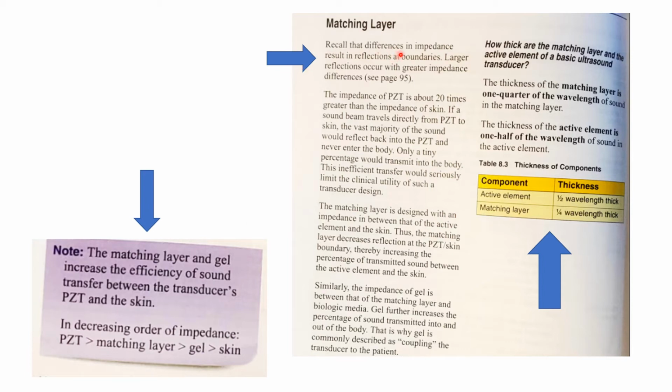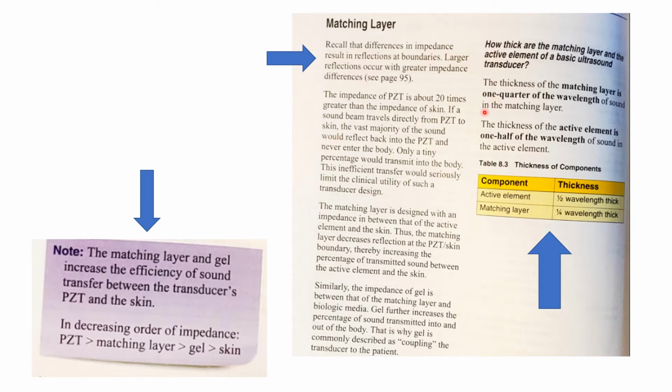Realize that differences in impedance result in reflections at the boundaries. Larger reflections occur with greater impedance differences. So you take really strong signals and make them more appropriate so you can get maximum transfer of the energy.